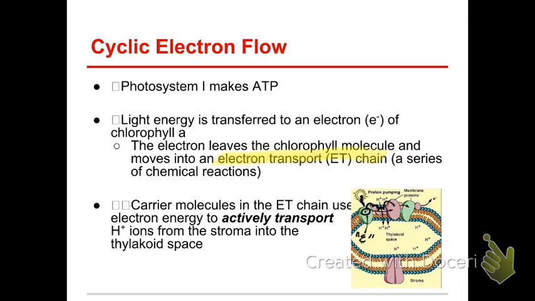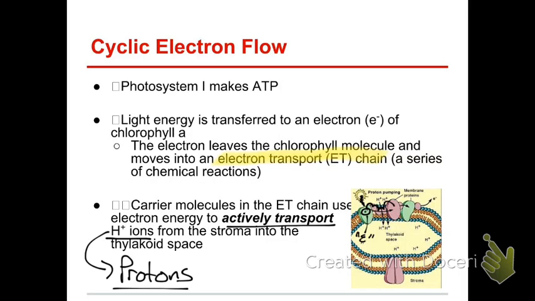And that energy is actually used to actively transport hydrogen ions, which we can also just call protons. Because after all, hydrogen is just one proton and one electron. Well, if we ionize it, we take away its electron, all that's left is a proton. I like to call them protons.